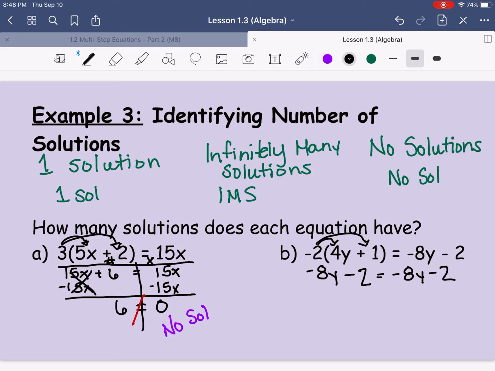So when you get to that piece, when you have the same thing on both sides, that means that you have infinitely many solutions. Okay. And I'm okay if you stop there, but you have to have this work to show that both sides are the same. So you need to show that process.